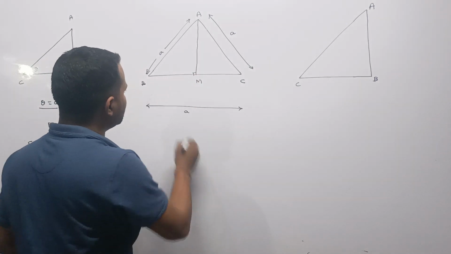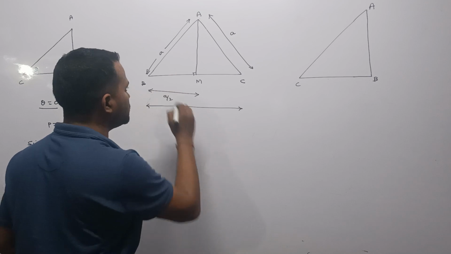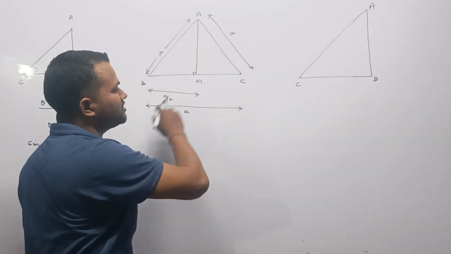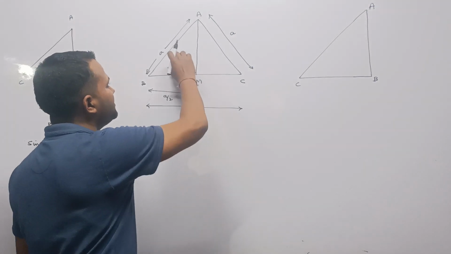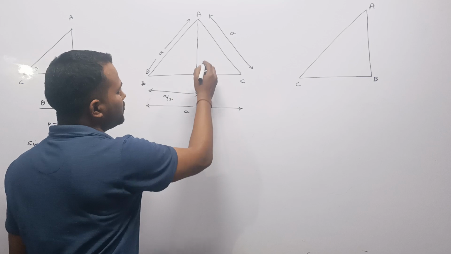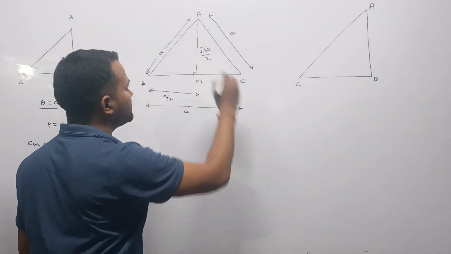If it is so, BM will be equal to A by 2. We can easily find the value of AM by using the Pythagoras theorem, which is root under A square minus A square by 4, which comes out to be root 3A by 2.